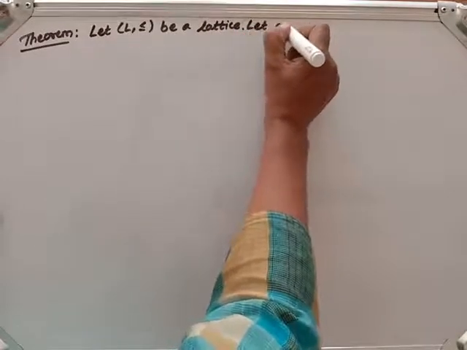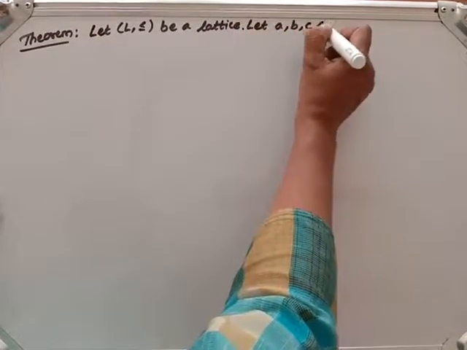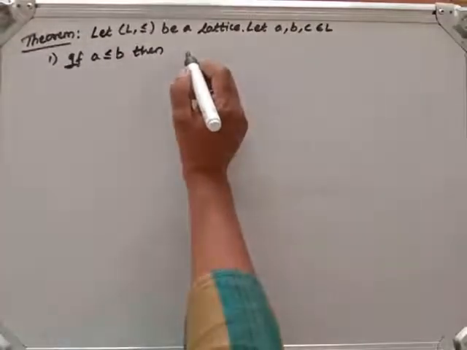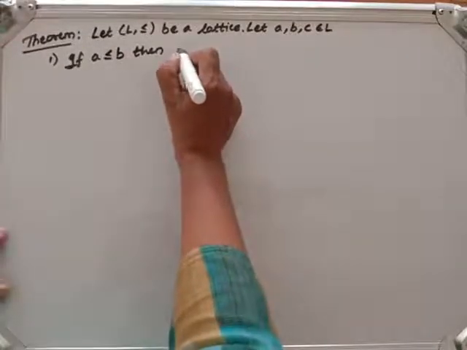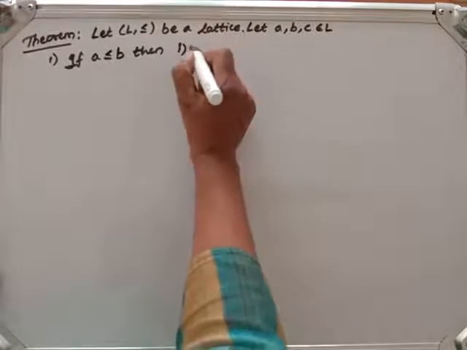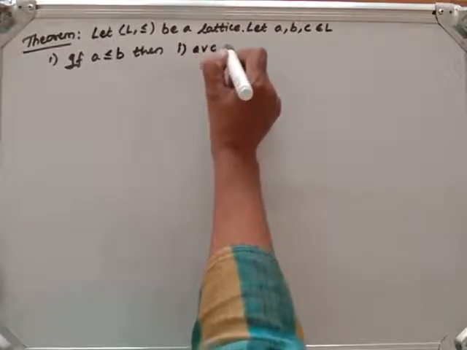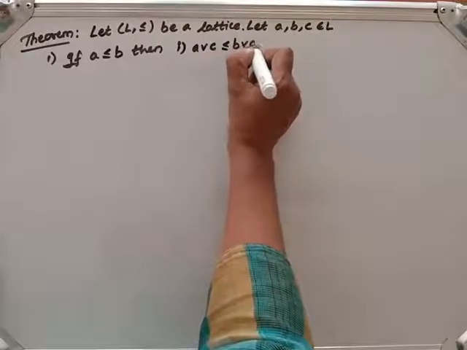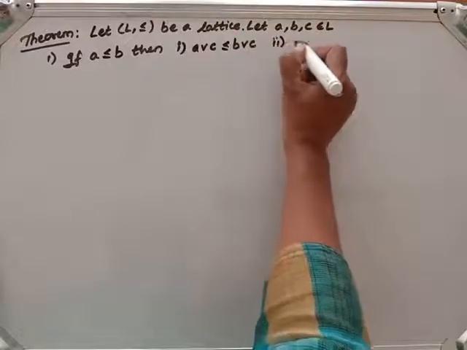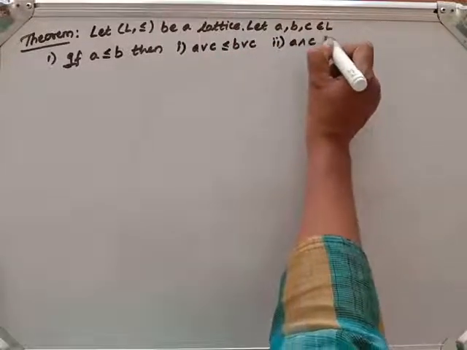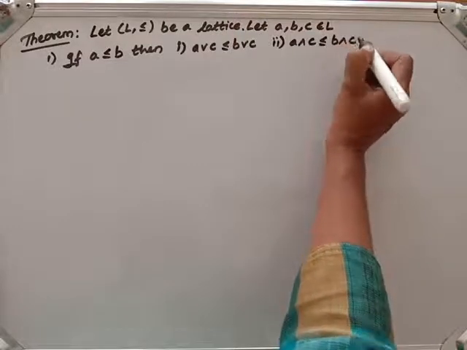Let A, B, C belong to L. First one, if A related to B, then in that one, first, A join C also related to B join C. And the second, A meet C related to B meet C.